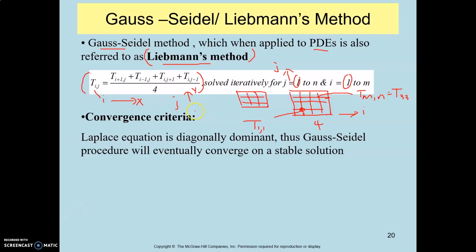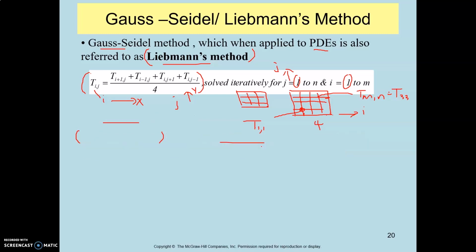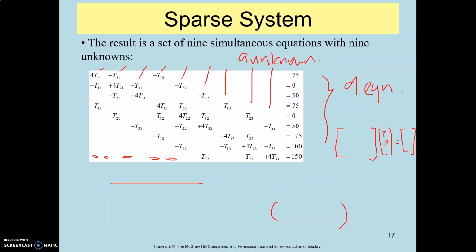When we perform the iteration, the convergence criterion is very important. Over here, it mentions that the Laplace equation is diagonally dominant. This is what it means: this is the diagonal element, and it dominates over most of the other values.